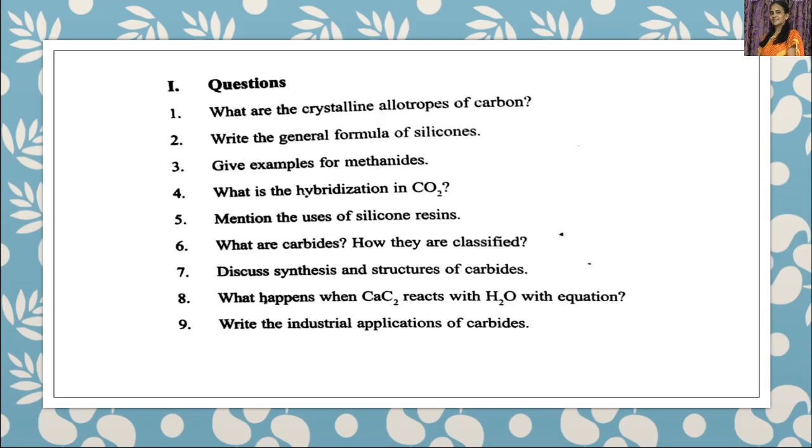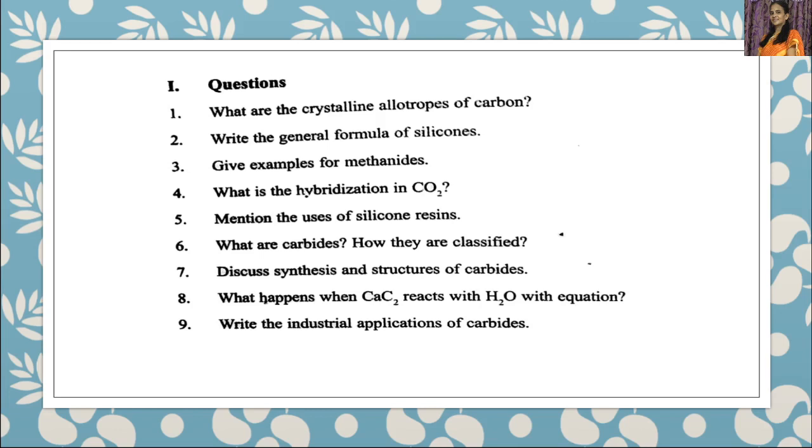How are they classified? We have discussed many types of carbides: ionic carbides, covalent carbides, metallic carbides. We have discussed a number of carbides in the previous video. Now discuss the synthesis and structure of carbides. How carbides are prepared and what their structures are, that also we have discussed.